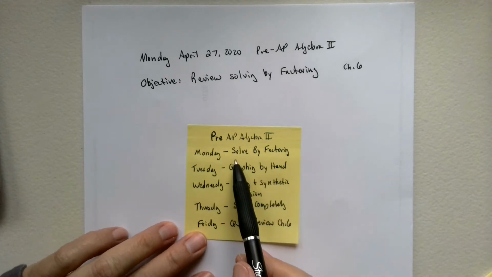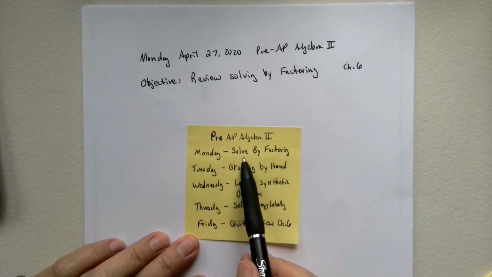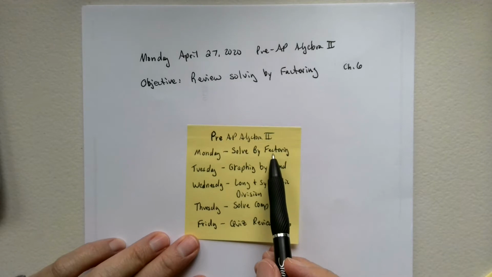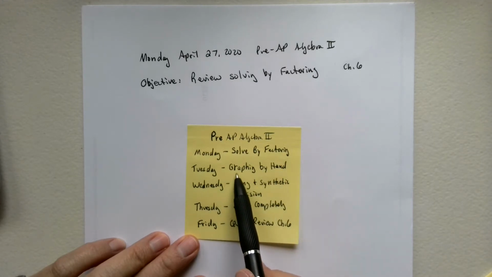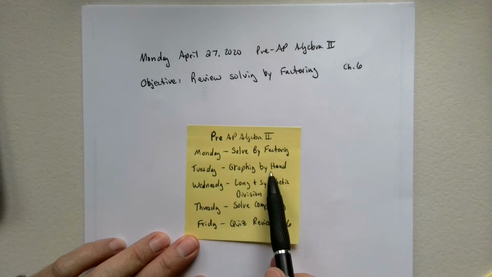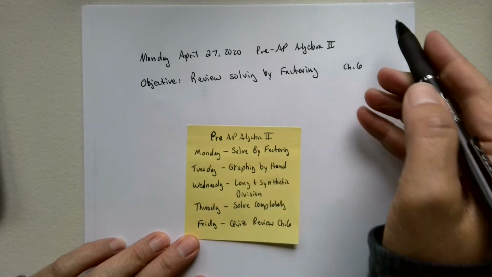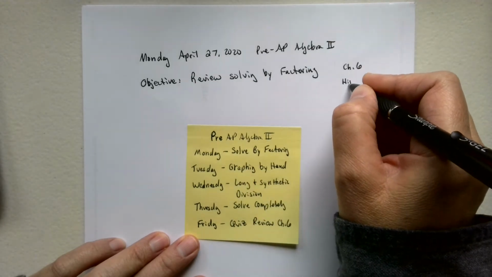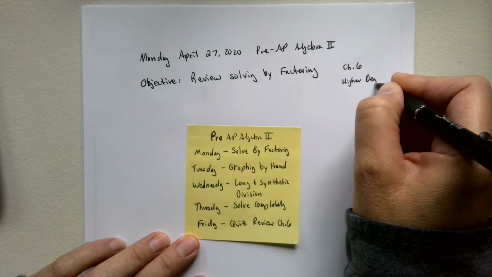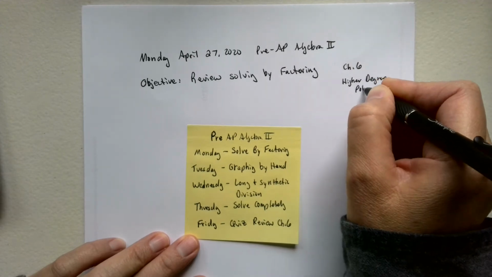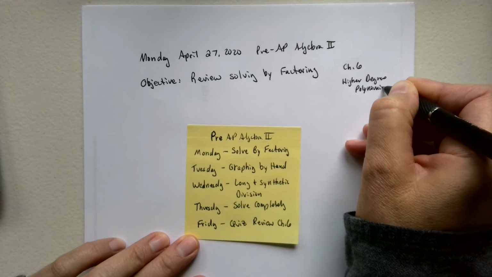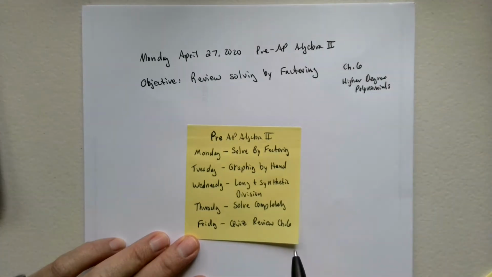So today we're going to review solving by factoring, and we're talking about things bigger than quadratics. Tuesday, we're going to be graphing these higher degree polynomials. If you remember, Chapter 6 was our higher degree polynomials. And it wasn't that long ago, so hopefully this will be pretty fresh for you.